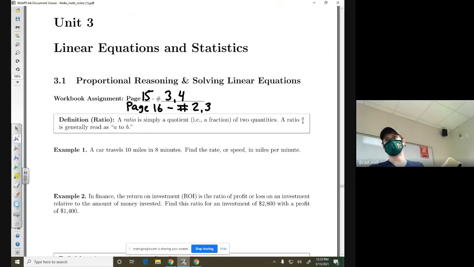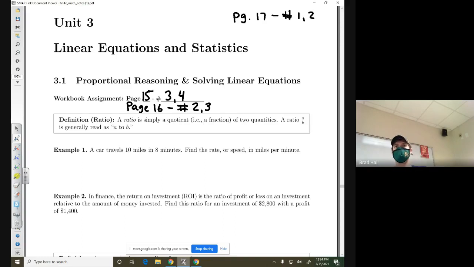These 2, along with the workbook for the next section, will be due Friday. If you are curious what the next section is going to be, page 17 is for the next section.